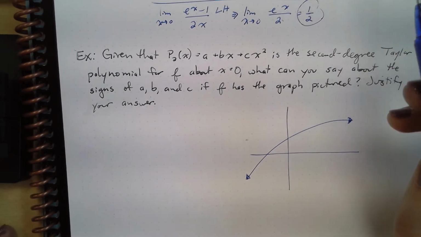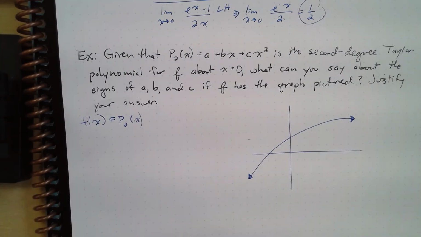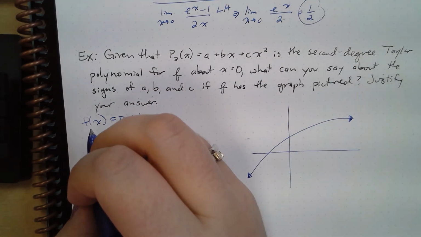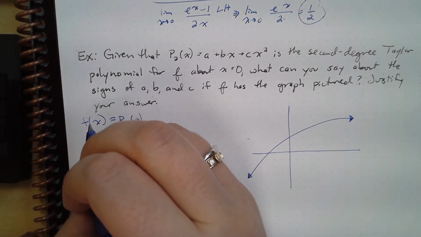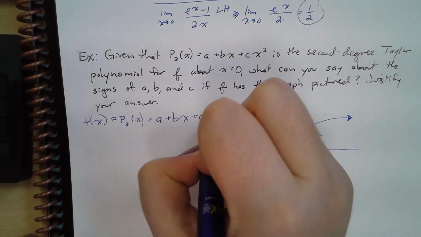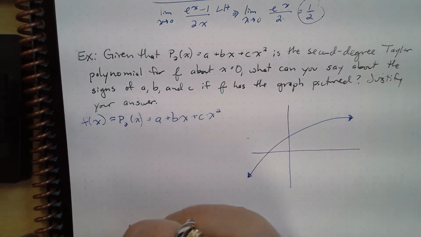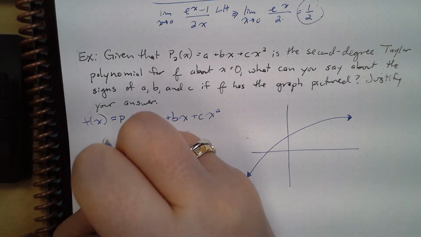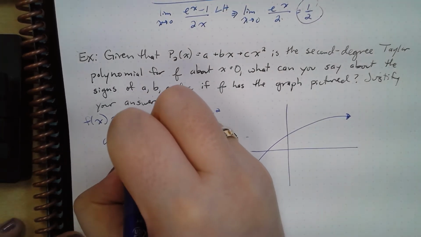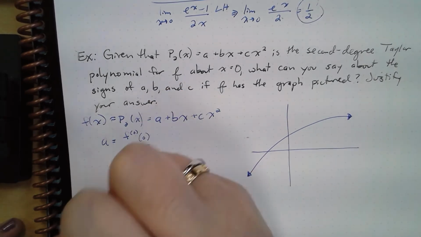If you look at this, f of x is approximately p sub 2 of x, right? And p sub 2 of x is equal to a plus bx plus cx squared, okay? So our a value, if we were looking at this as a Taylor polynomial, is going to be the 0 derivative of f at 0 over 0 factorial.